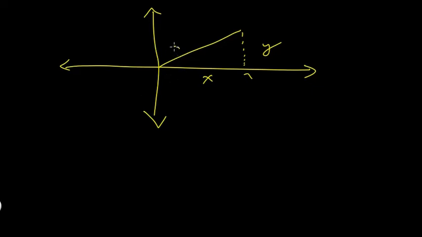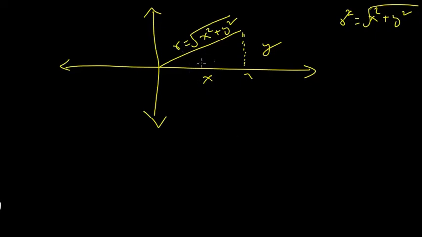So this is r, which is equal to under root x square plus y square, right? Because this is the hypotenuse, and the square of the hypotenuse is equal to the sum of the squares of the other two sides, which is r square is equal to x square plus y square, right? So r becomes under root x square plus y square, right?